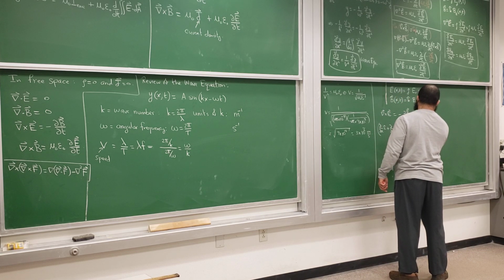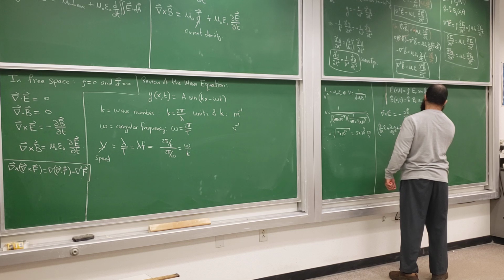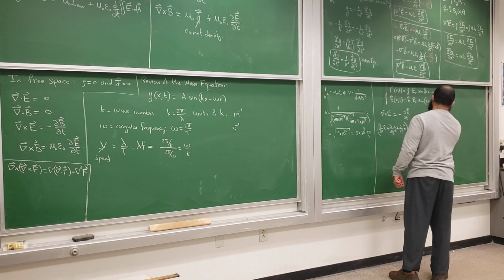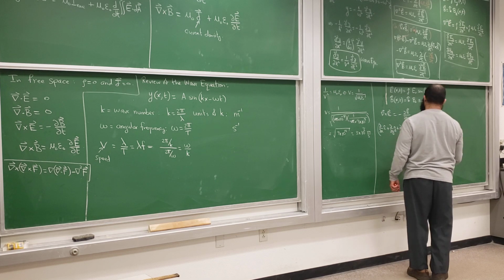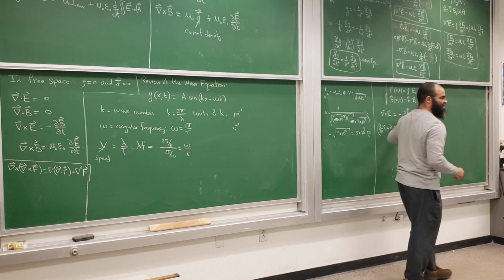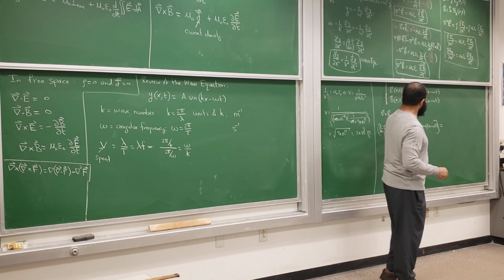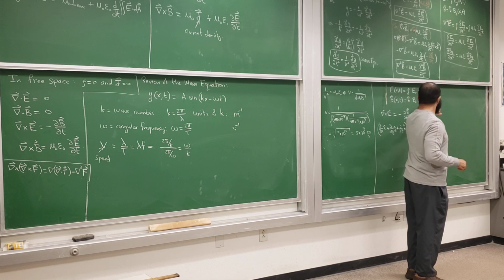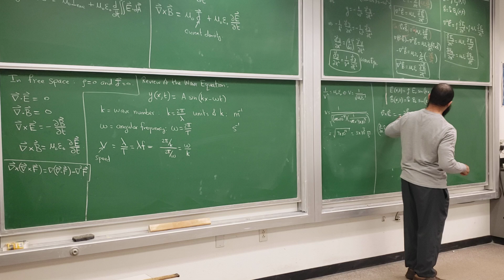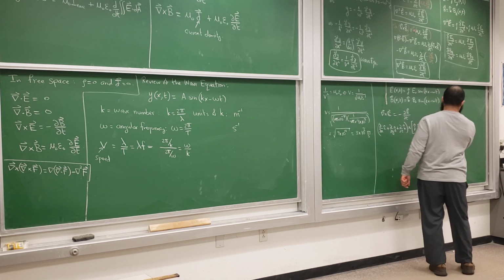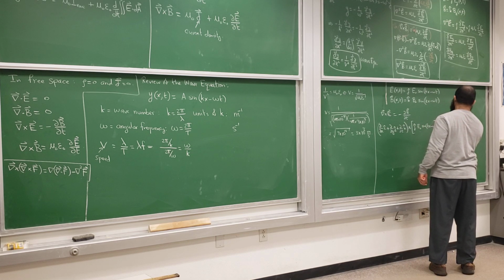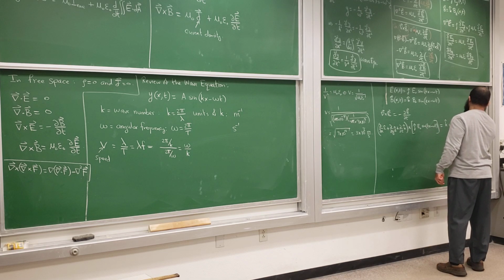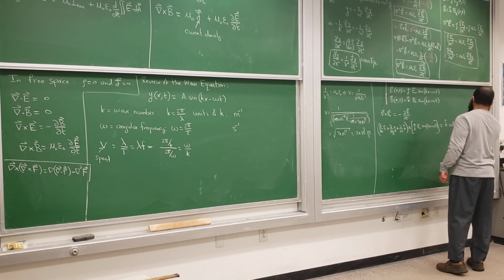It has a j hat component, and then E naught. On the right hand side, I have minus dB/dt. The derivative with respect to t for B will give me a minus omega, but there is a minus sign waiting, so it makes it plus. So you would just have k hat omega, and then B naught cosine of kx minus omega times t.